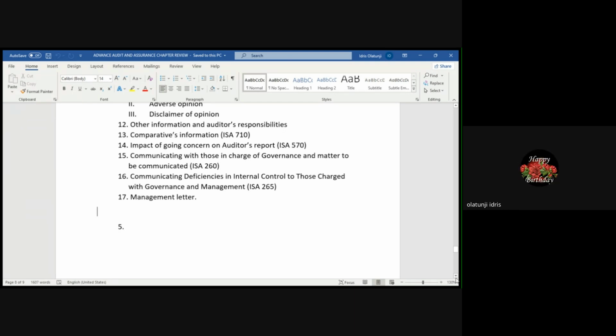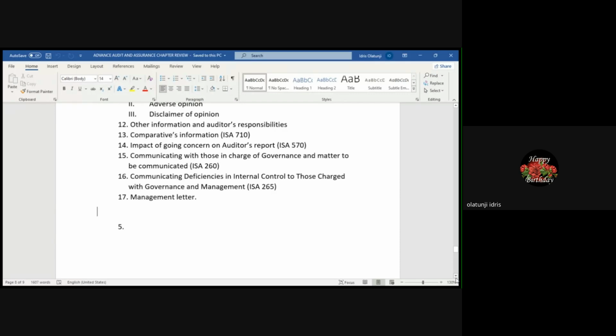It's not special. You just write a letter requesting the service of the audit firm to come and audit your company. It's just a normal regular letter.